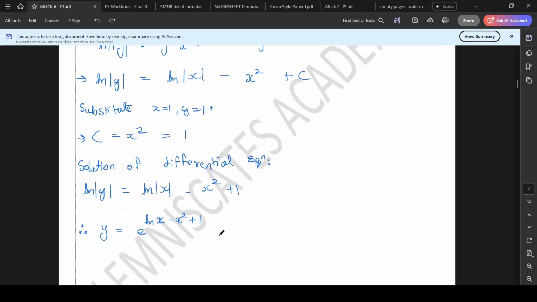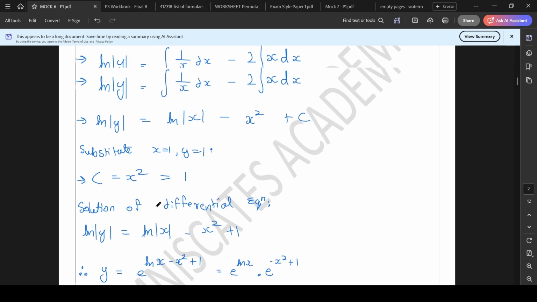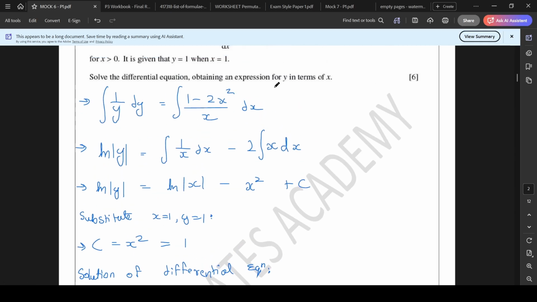Now if you want, you can go ahead and simplify it further because I know that it can be written in the format of e to the power of ln x times e to the power of minus x squared plus 1. The only reason for doing this is because I know that I can simplify it further. Whenever the question says that you need to simplify as much as possible, you always do that.